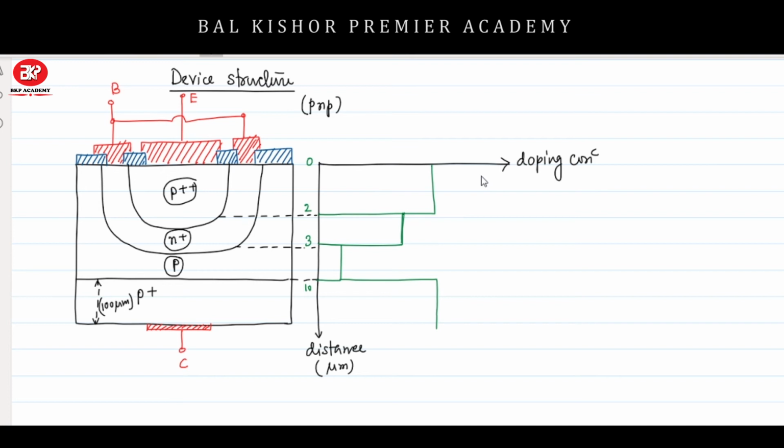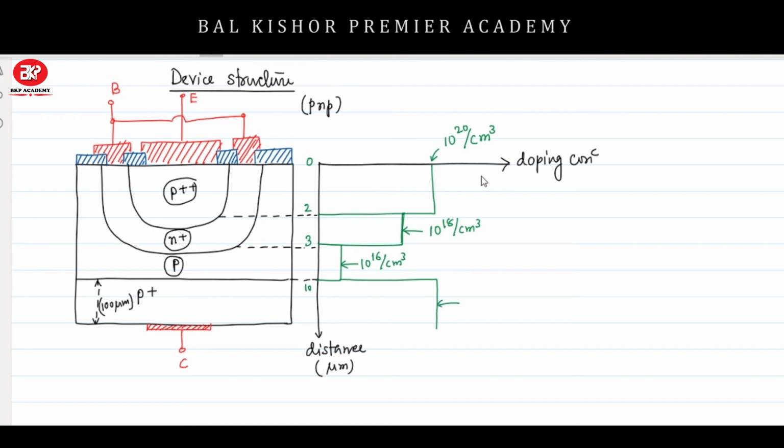So let us take some values. In the emitter, the doping concentration is of the order of 10 to the power 20 per centimeter cube, in the base region it is of the order of 10 to the power 18 per centimeter cube, and in the collector region it is of the order of 10 to the power 16 per centimeter cube.